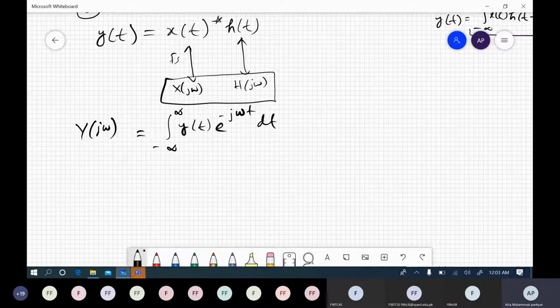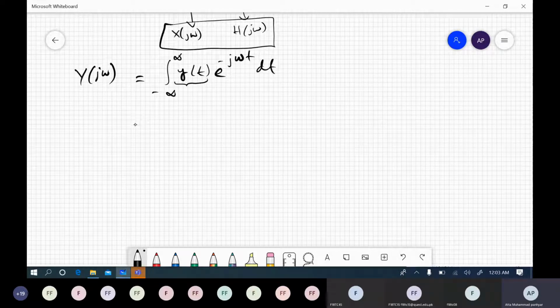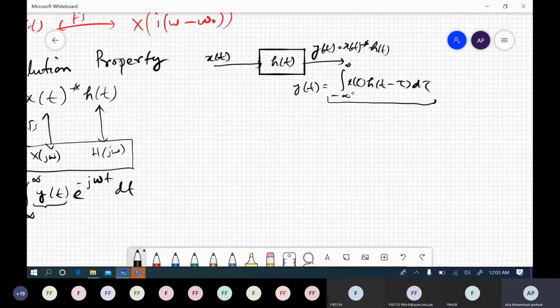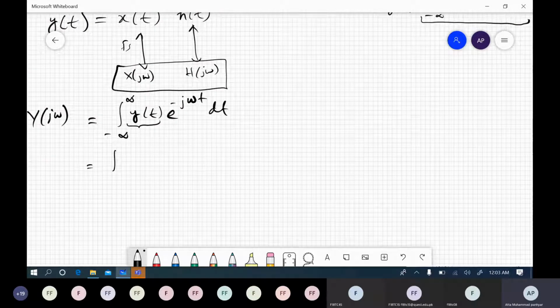And we know for an LTI system, the output y of t is the convolution of the input signal with the impulse response, so we want to substitute that value, y of t equal to x of tau h of t minus tau.